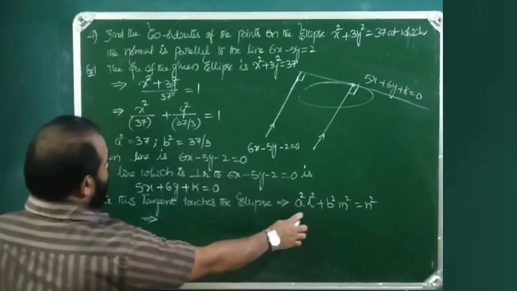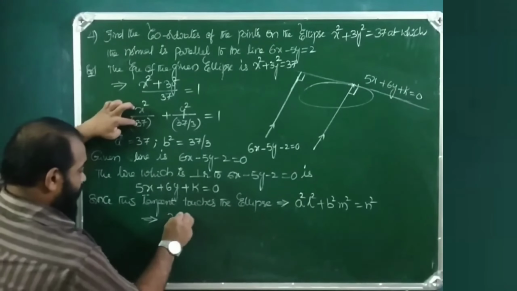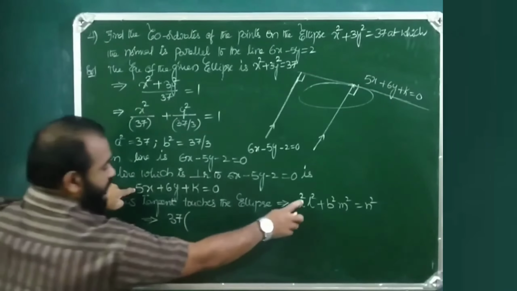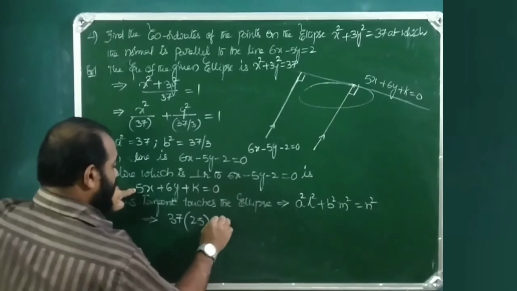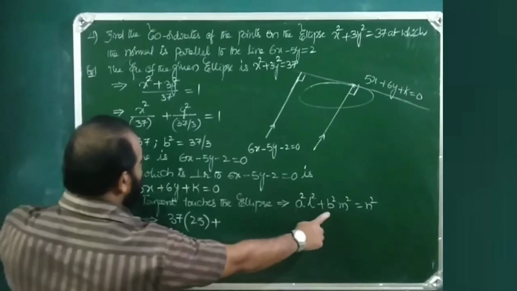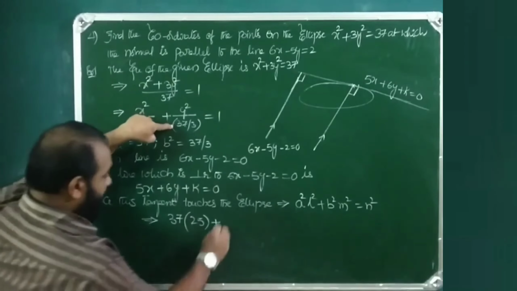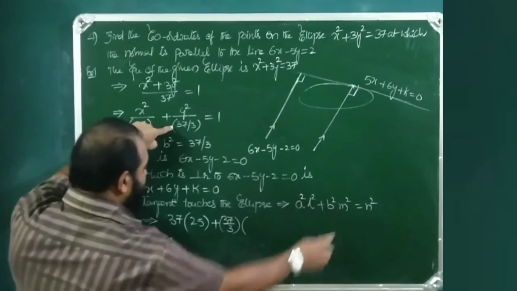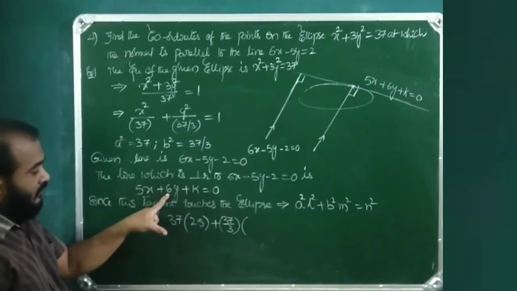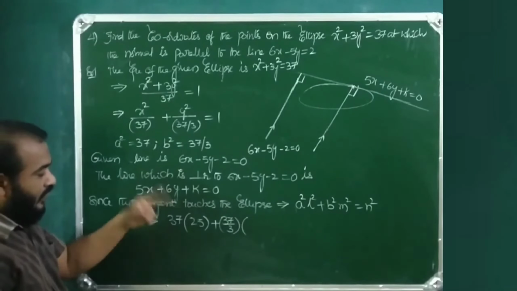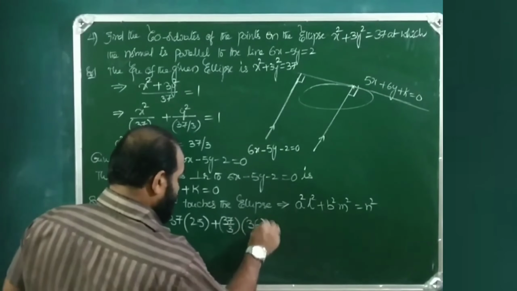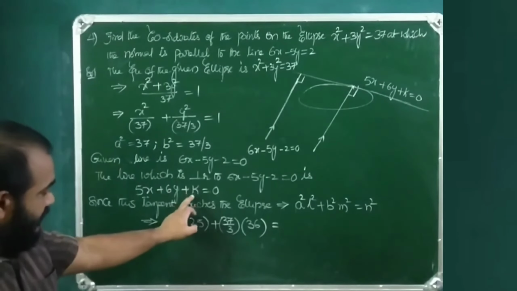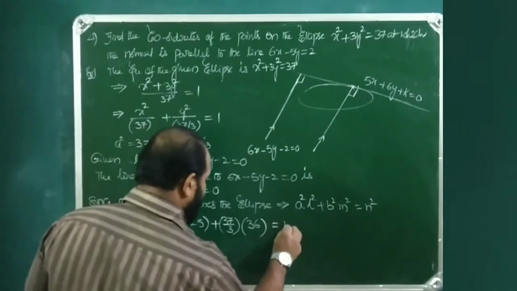Now here a square is equals to 37. l is 5, so l square is 25, plus b square is 37 by 3 into m square, m is 6, so m square is 36, equals to n square. n here is k, so k square.